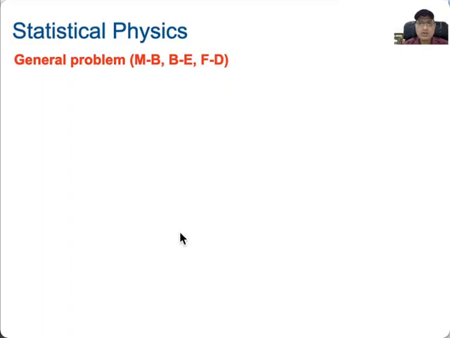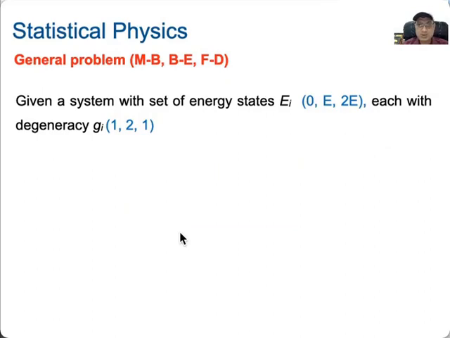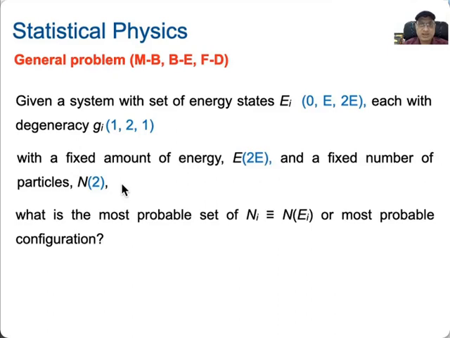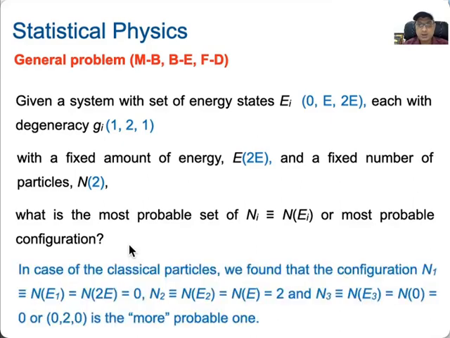Okay, so now let's state the general problem for classical as well as for quantum particles. Given a system with a set of energy states, in the particular case we have considered 0, E and 2E, each with degeneracy 1, 2, 1, with a fixed amount of energy 2E and a fixed number of particles N, what is the most probable set or most probable configuration? That is the general problem that we are interested in for the moment.